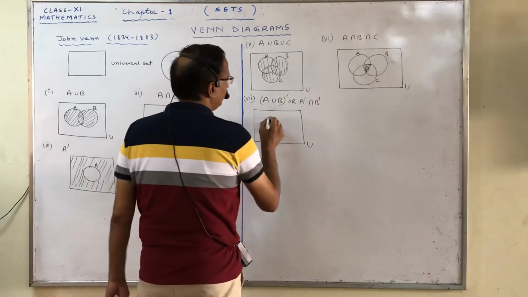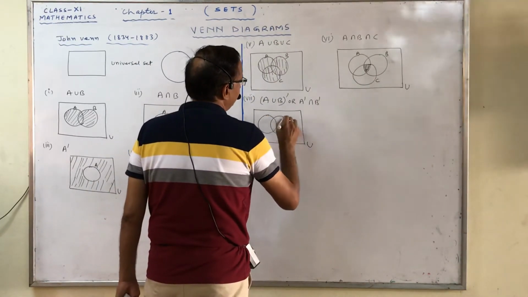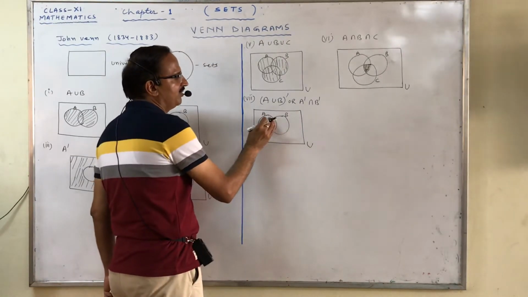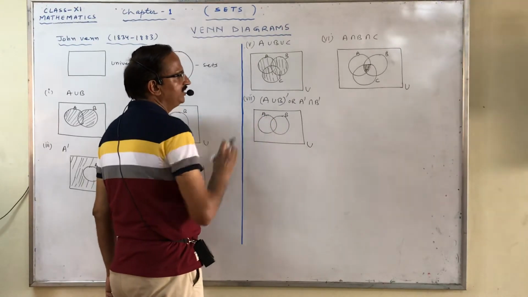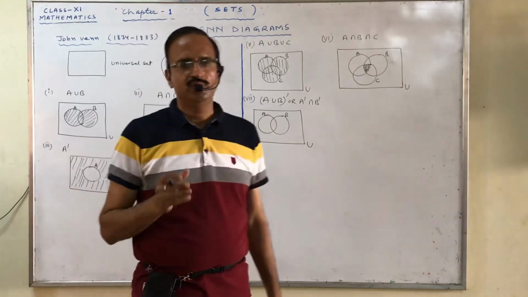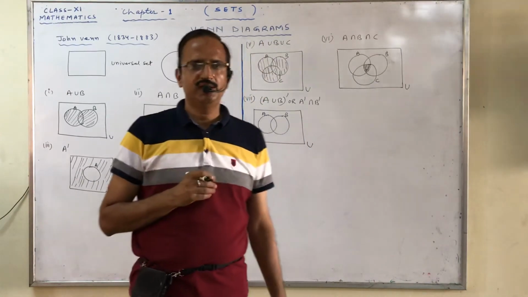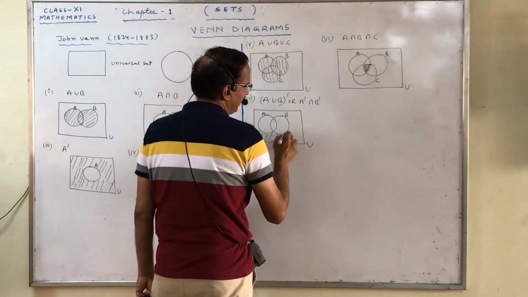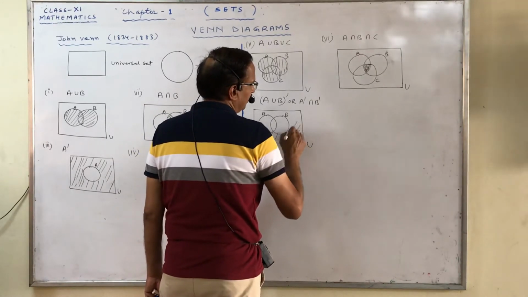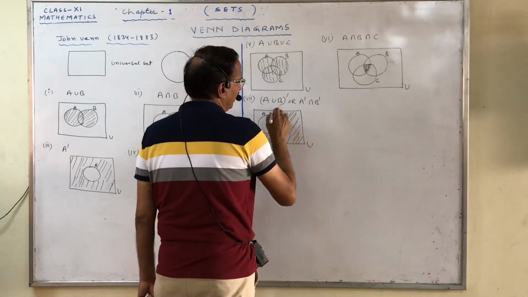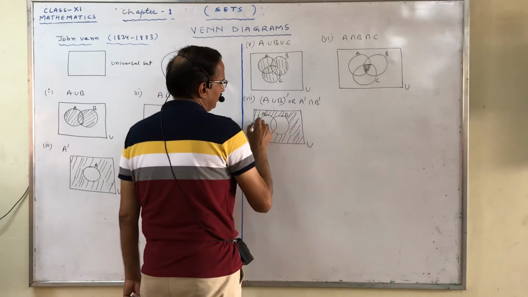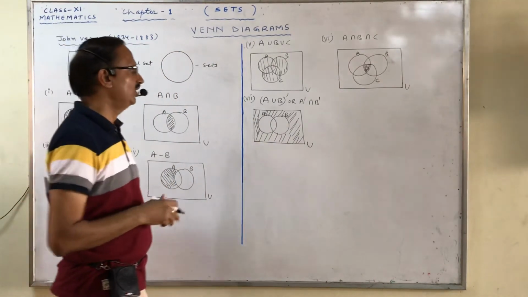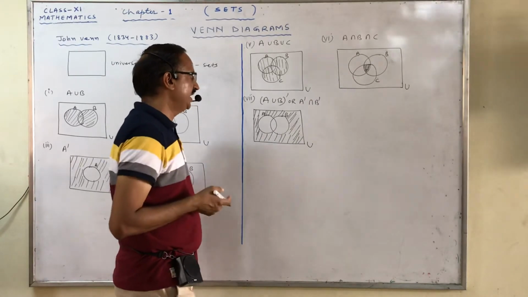We need two sets which are subsets of U. These are two sets. This combined area of A and B is A union B, but we have to represent A union B dash. It means the remaining portion of universal set except the area covered by A and B. This represents A union B dash or A dash intersection B dash.